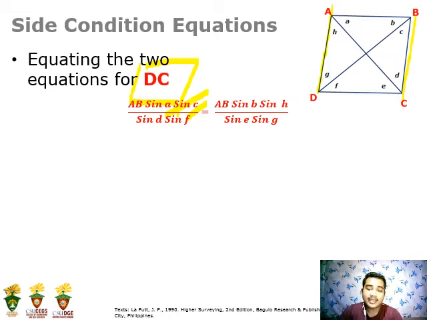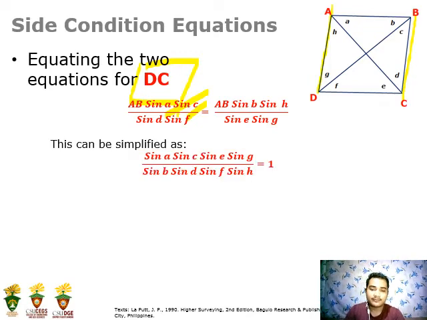AB sin A sin C over sin B sin F is equal to AB sin B sin H over sin E sin G. And it can be simplified as, no, kung ato ni siyang manipulate, no?